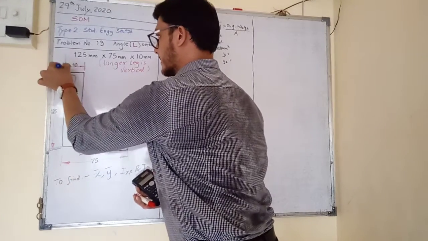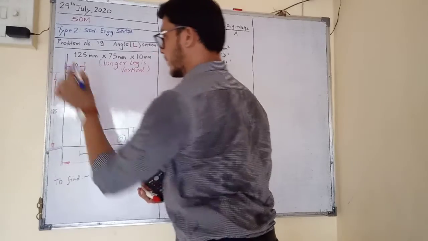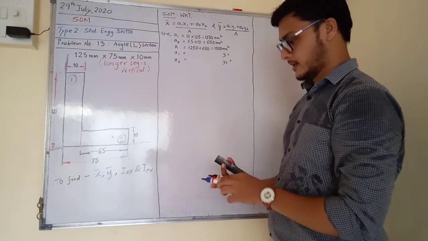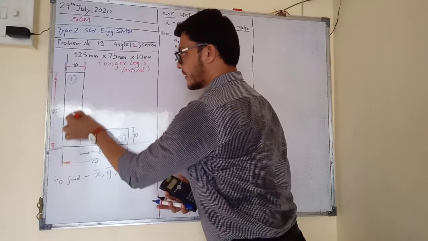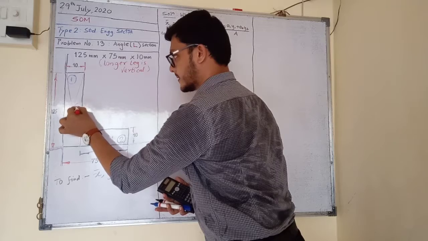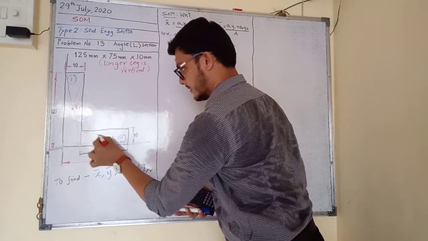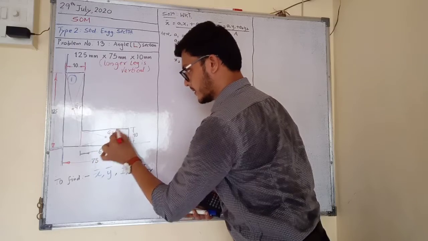The other reference axis is here at the left of the figure. These are the two axes from where you have to take distance. This is a rectangle, its centroid will be where its diagonals intersect each other. So this is G1, and this is G2, the centroid.